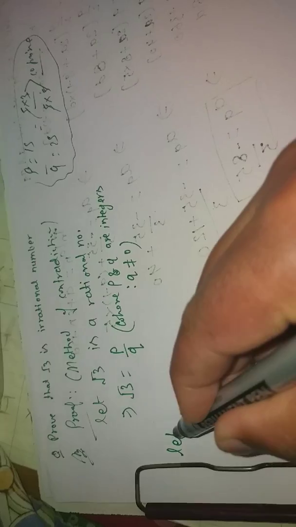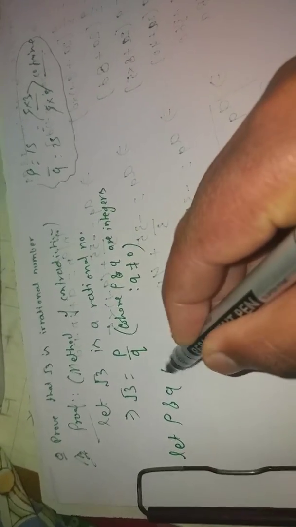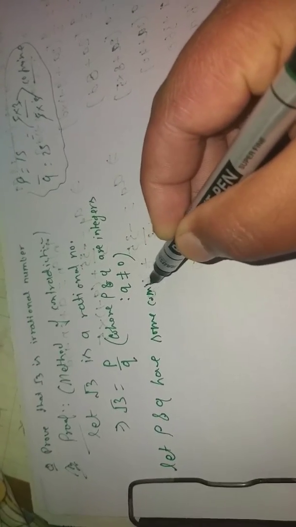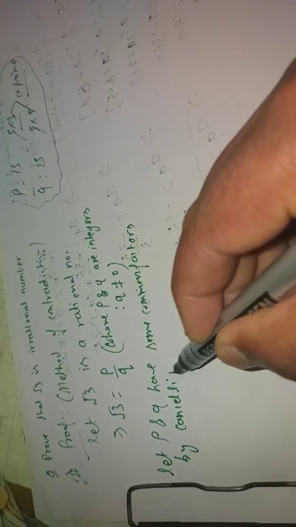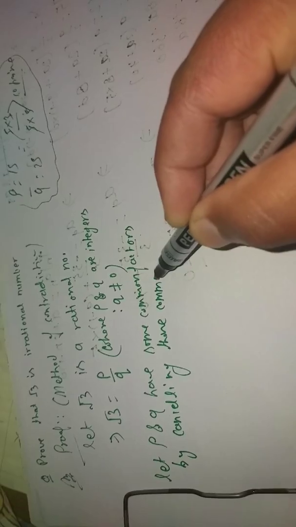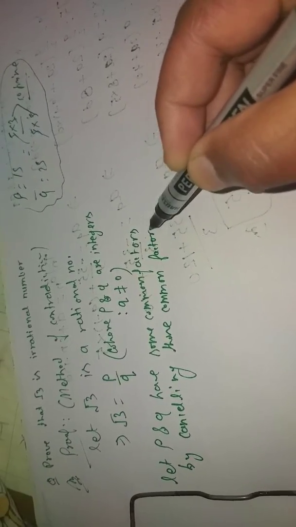So now let p and q have some common factors. Now what will happen? By cancelling those common factors, we get a by b.